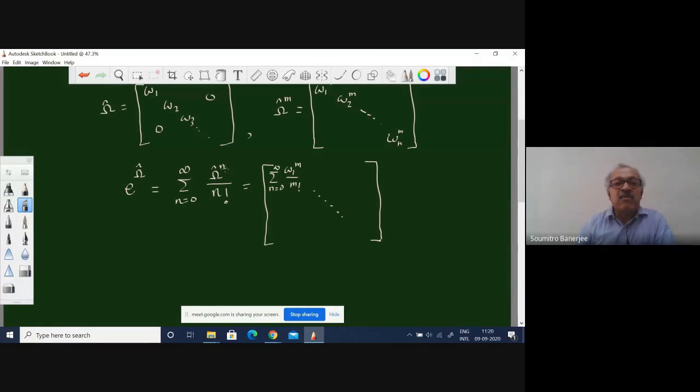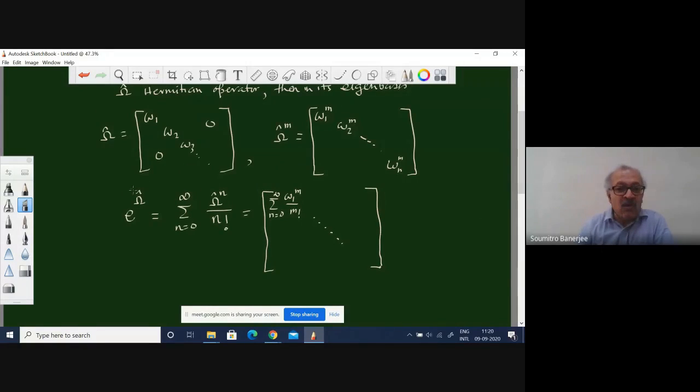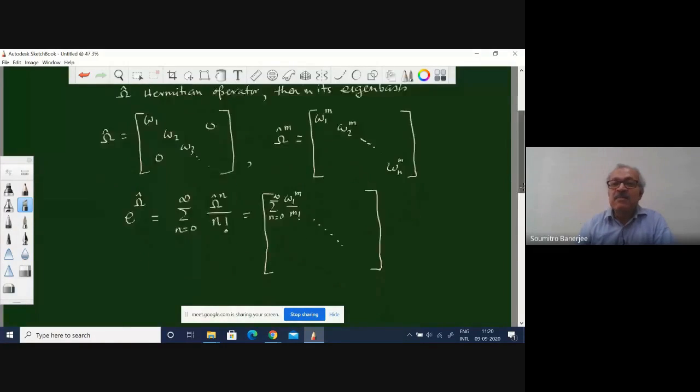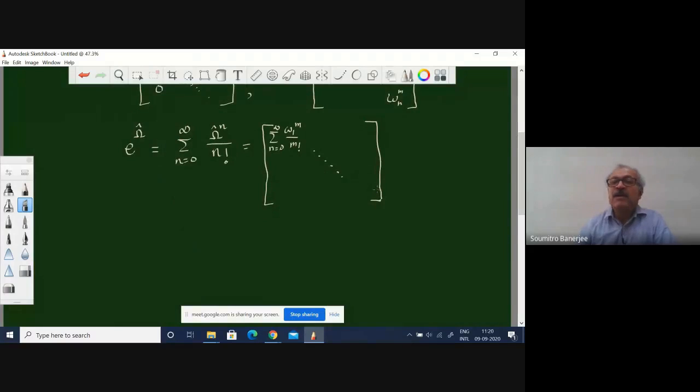Since these are composed of the products of the matrices which themselves are diagonal, then this will also be a diagonal matrix. This might not always happen, remember that. Omega might not always be a diagonal matrix. If it happens to be a diagonal matrix because of this character that you have expressed it is in the eigenbasis, then the manipulation of that becomes rather simple.